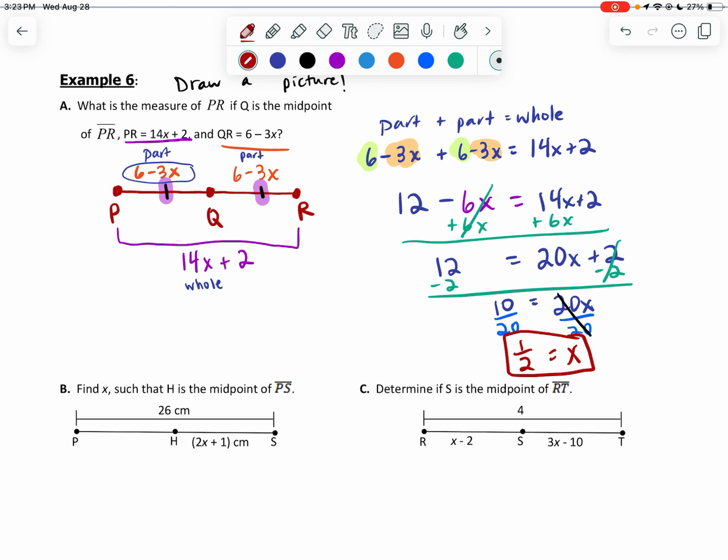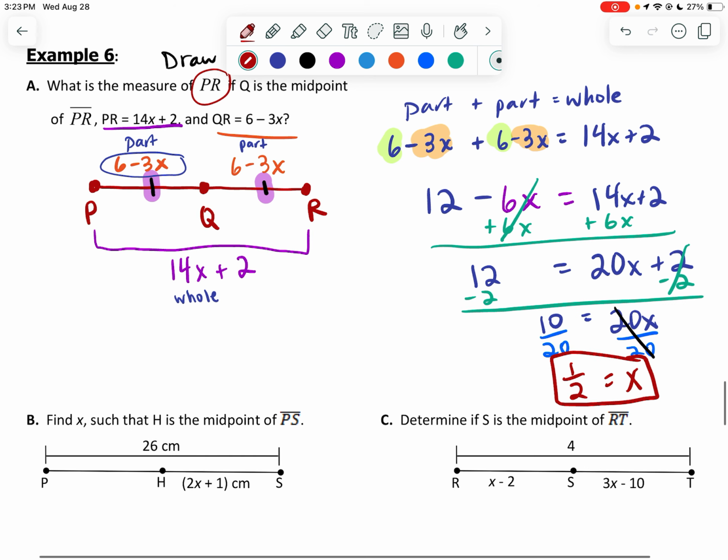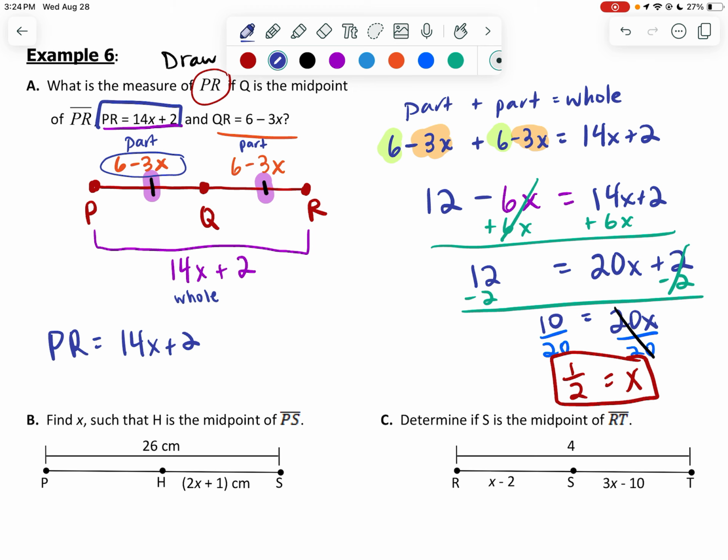Okay, so this question then asks, what is the measure of PR? So I'm actually going to do one more thing on this. PR, if we go back up here, we were told that was 14x plus 2. So if I want to know what is PR, we just found what x is, right?